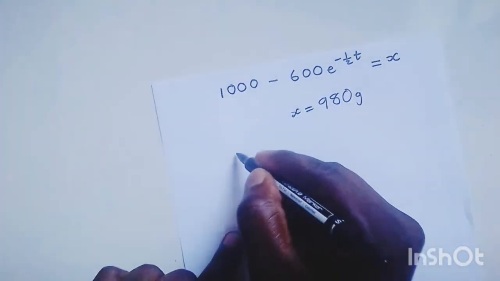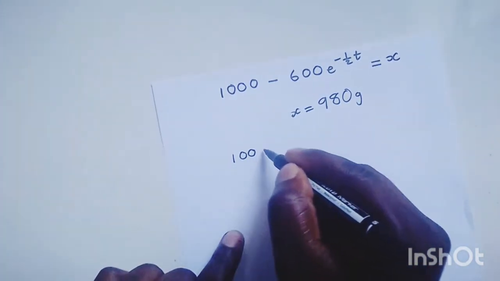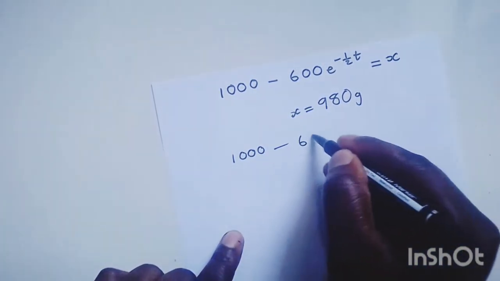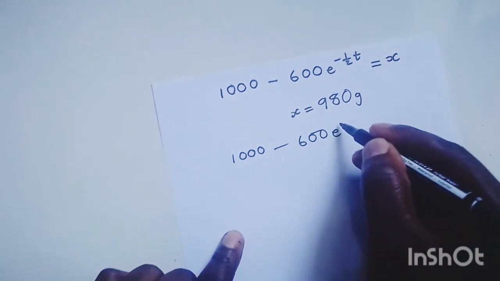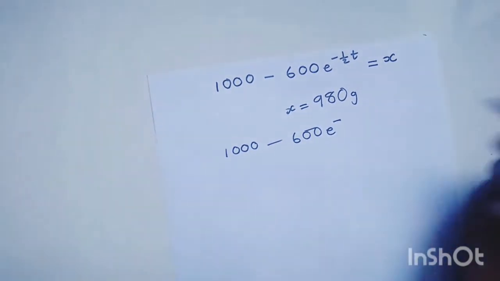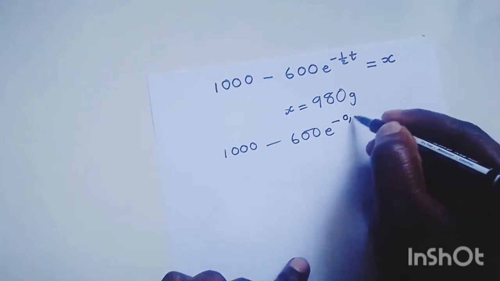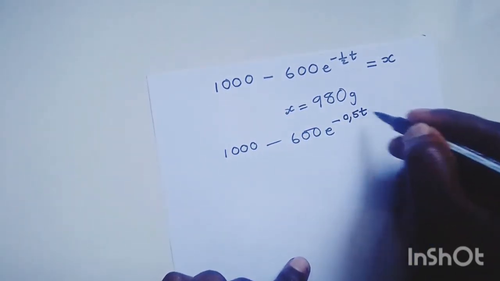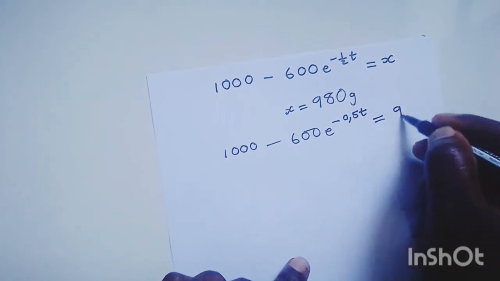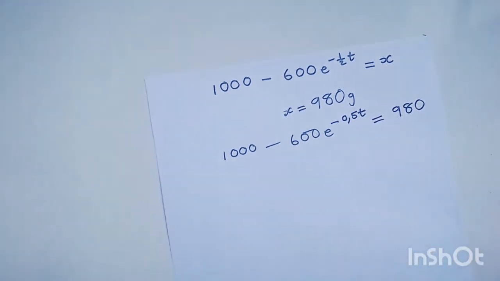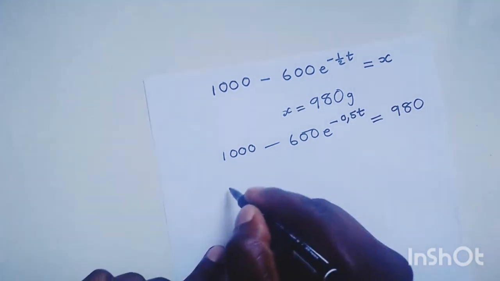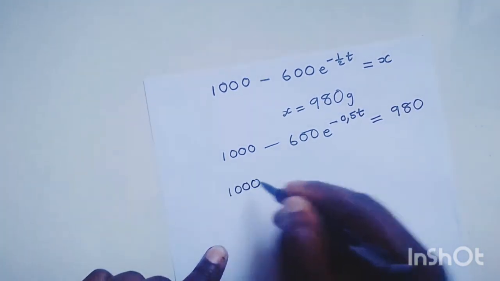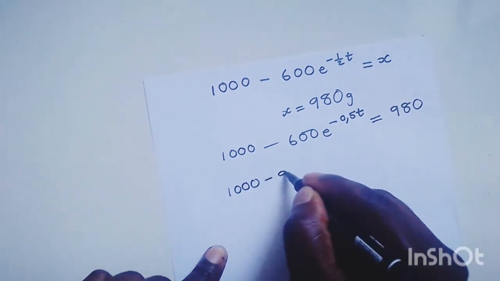Right, so it means that I'm going to write 1000 minus 600 e to the power of minus half t, which can be written as minus 0.5t. Right, then you put 980 on your right side like this. So we would like to collect like terms. So 1000 is a like term with 980.